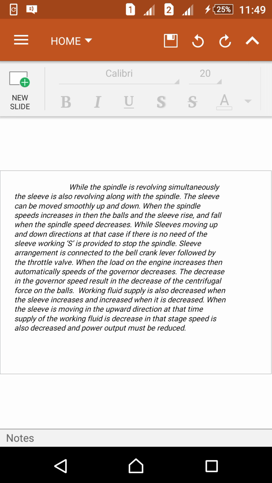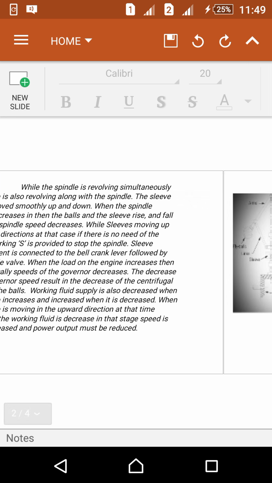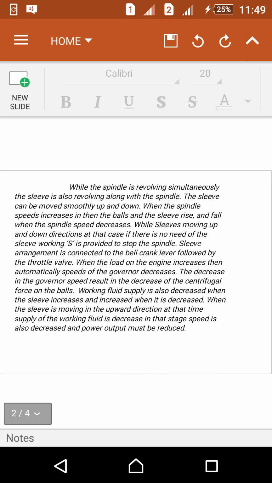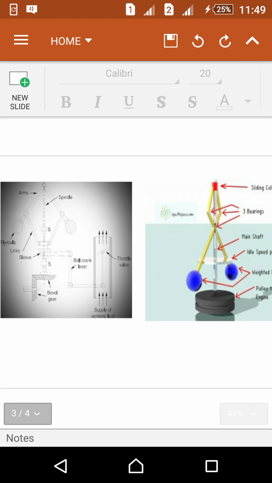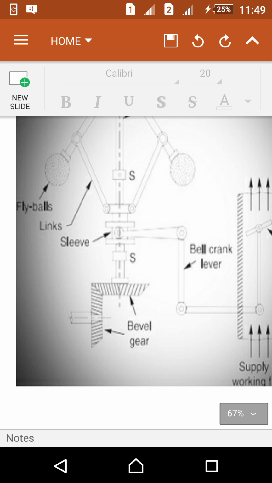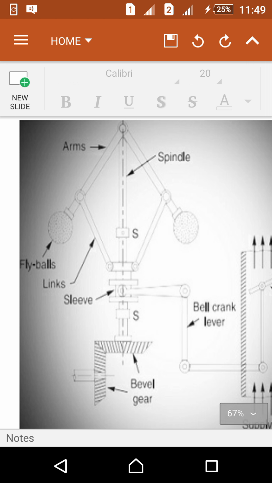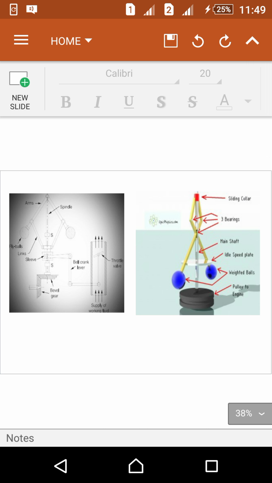At that stage speed is also decreased and the power output is reduced. The fuel supply is stopped and the spindle rotating speed is reduced. Then the balls and arms decrease in speed and stop.